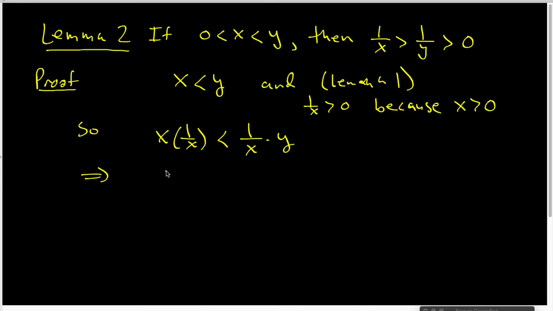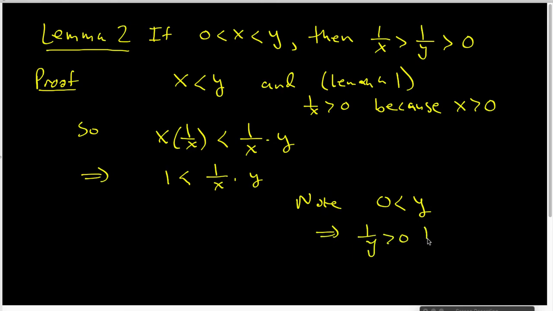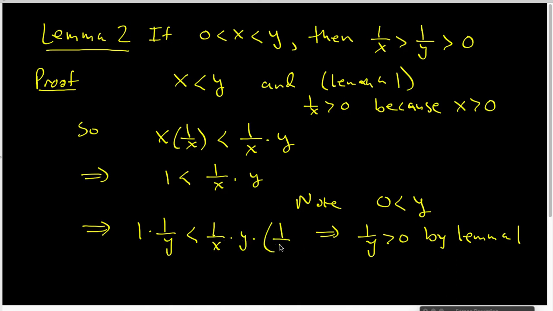Well, let's see, that says 1 is less than 1 over x times y. Now I'm going to recall that because y is bigger than 0, that implies that 1 over y is also bigger than 0 by lemma 1. And so we can say that 1 times 1 over y is going to be less than 1 over x times y times 1 over y.